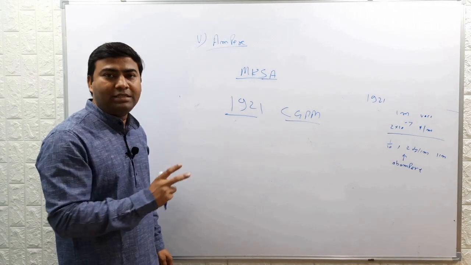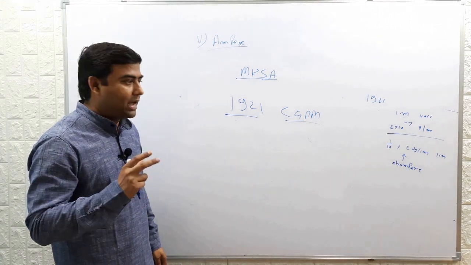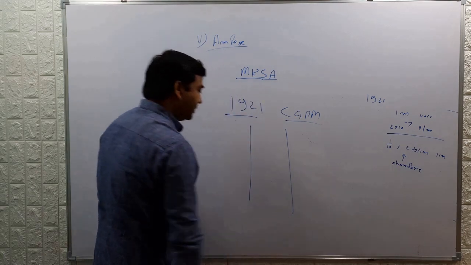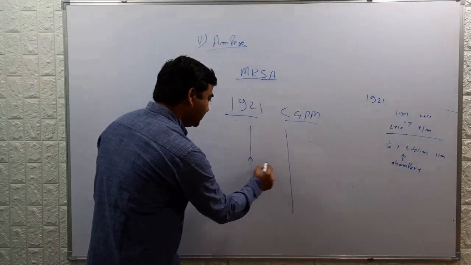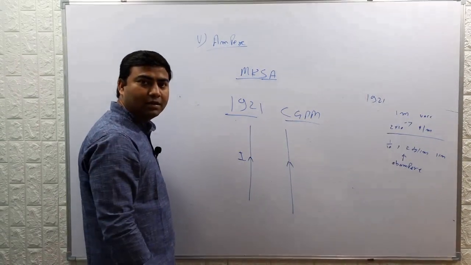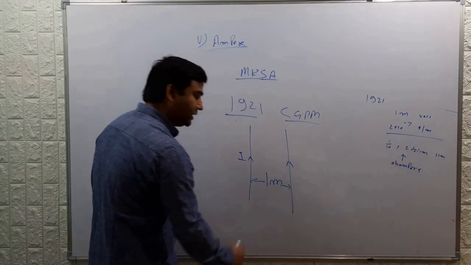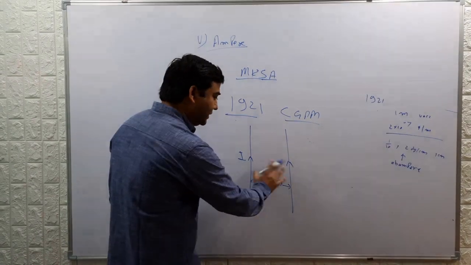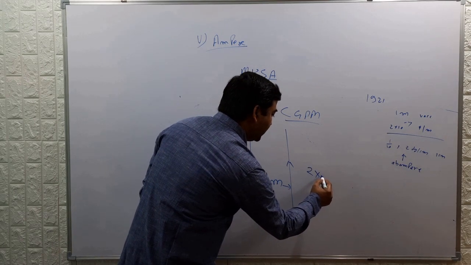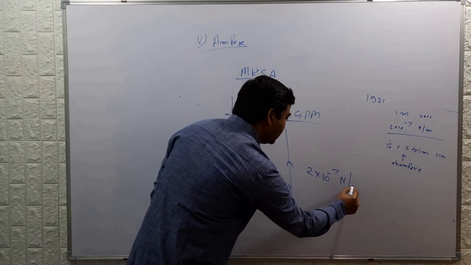In the MKS system, the metric system, when it was adopted in 1921, ampere was redefined as the amount of current flowing in two parallel infinitely long wires placed 1 meter apart in vacuum and creating a force on each other with a value equal to 2 into 10 to the power minus 7 Newton per meter.